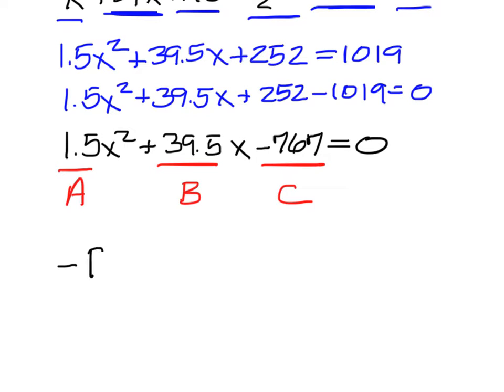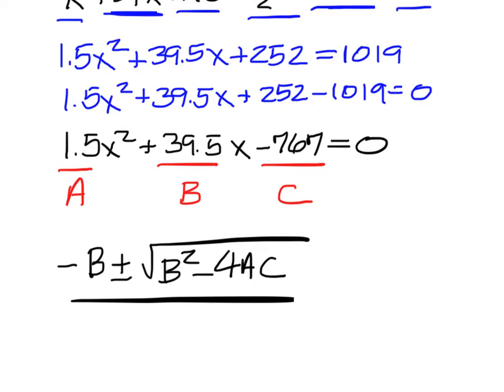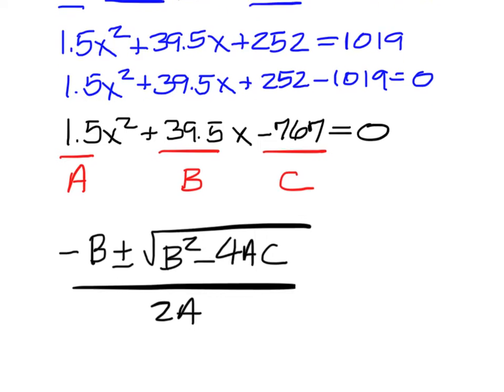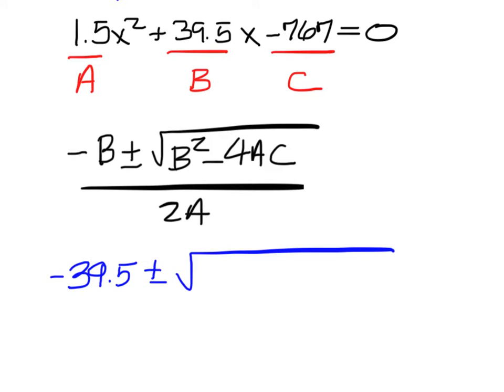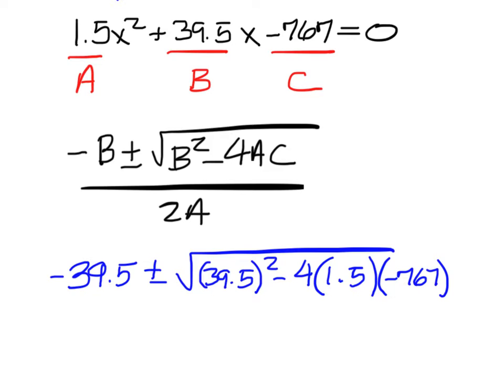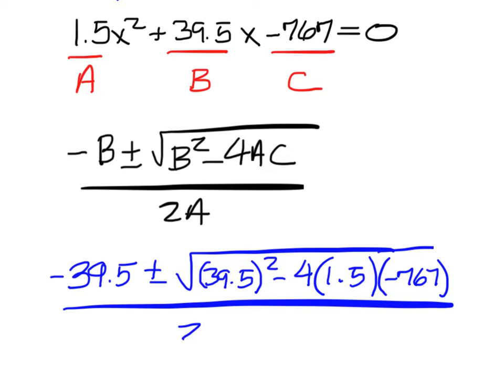So negative b plus or minus the square root of b squared minus 4ac over 2a. And when we pop these things in, we get negative 39.5 plus or minus the square root of 39.5 squared minus 4 times 1.5 times a negative 767, all of that over 2 times 1.5.